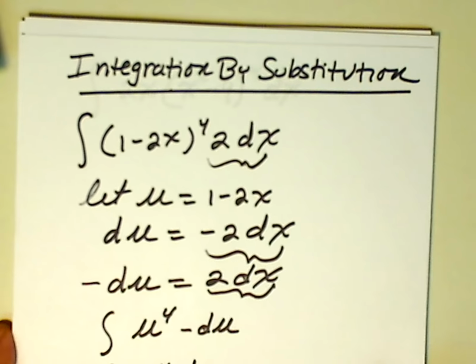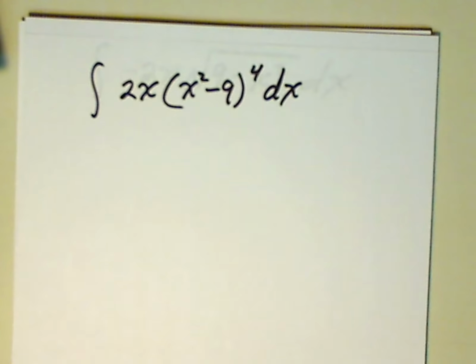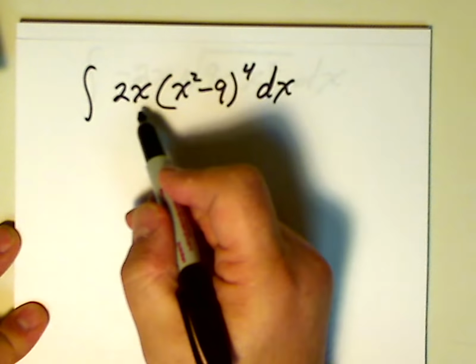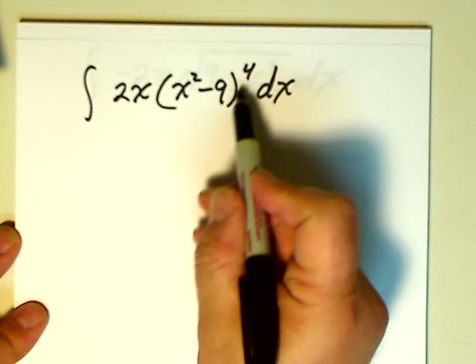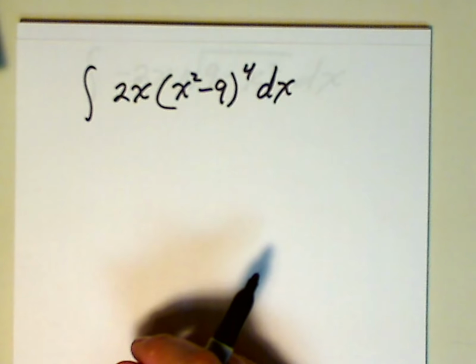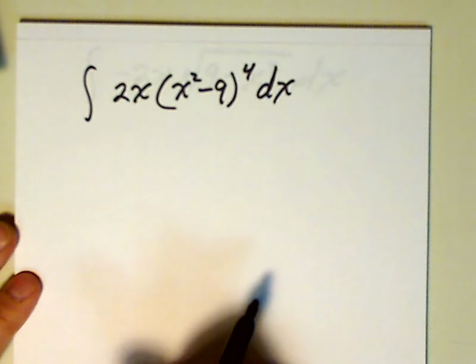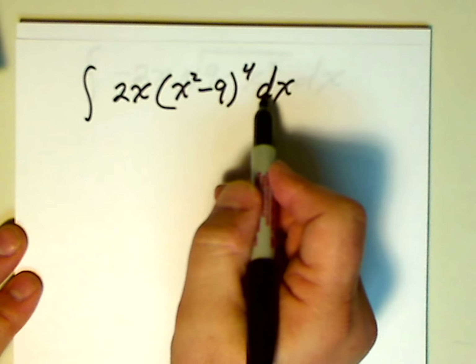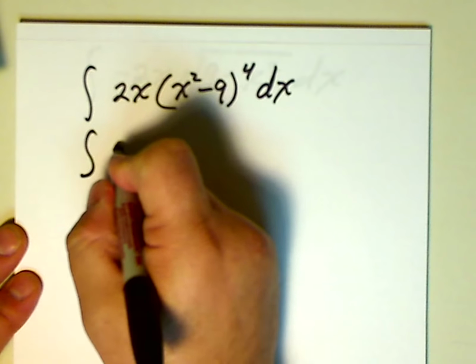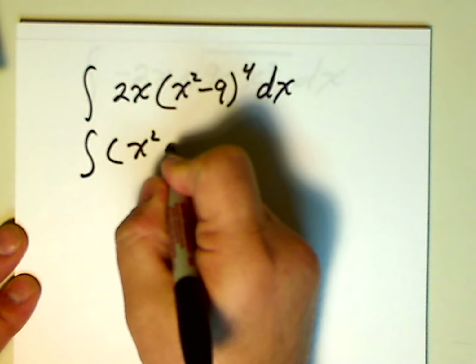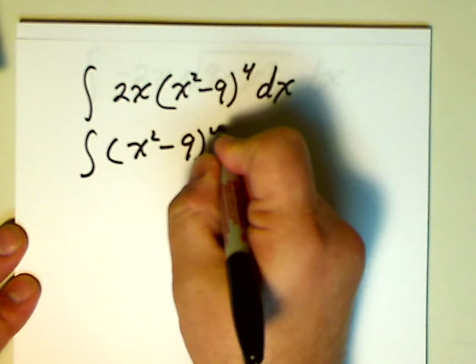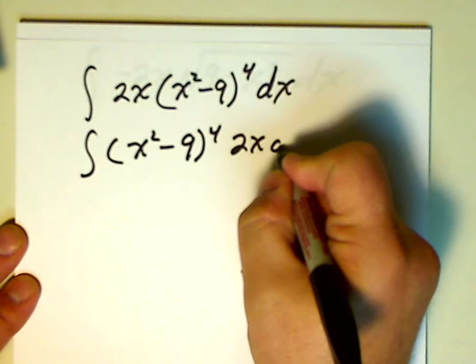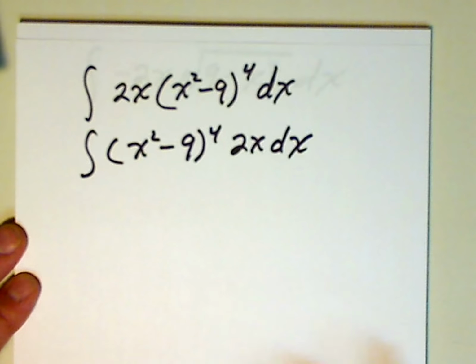Let's look at another example. We have the integral of 2x times x squared minus 9 to the fourth dx. Well, let's rewrite this and put the 2x next to the dx, and we see that we have x squared minus 9 to the fourth 2x dx.